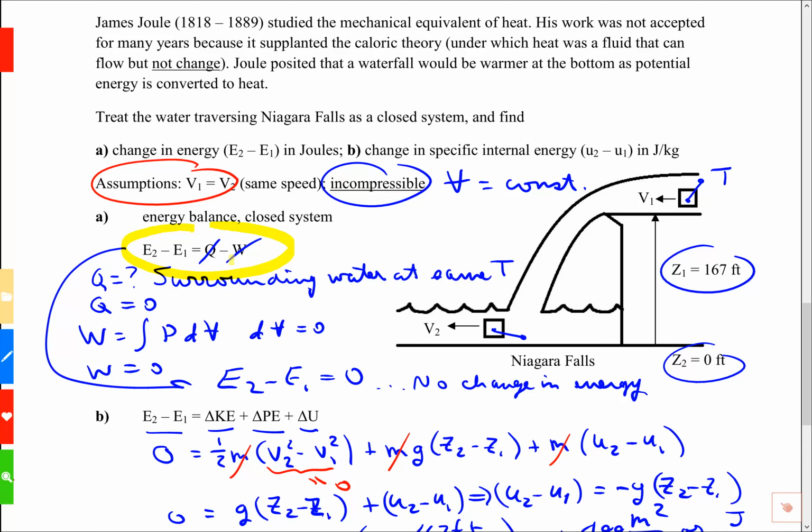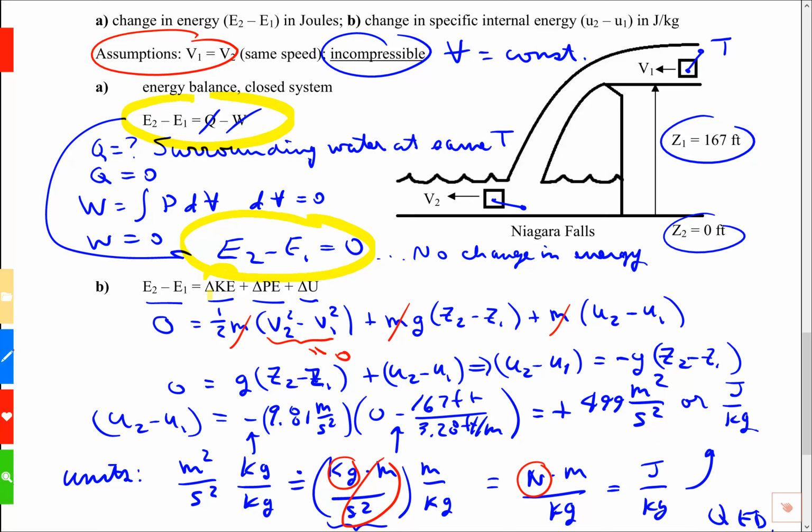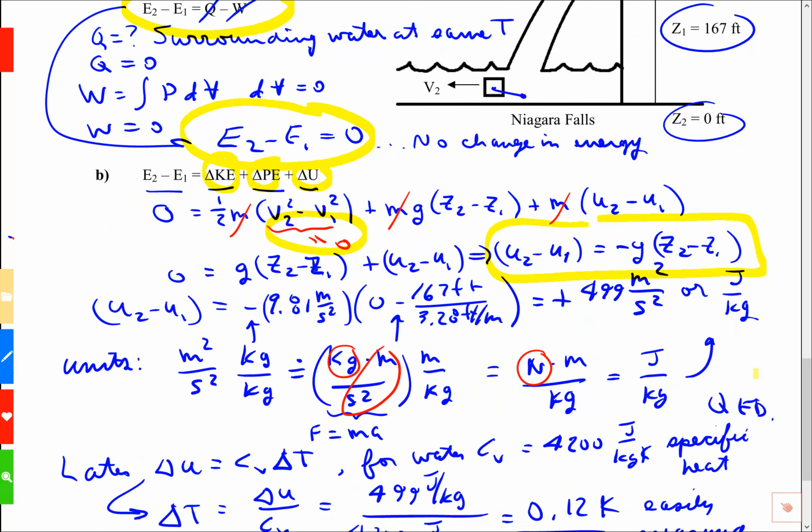We showed that the heat and work for this case was 0, so there is no change in total energy, but that energy could have different forms. We thought about kinetic and potential and internal energy. If we choose the velocities the same, then we just have potential energy turning into internal energy, and internal energy is related to temperature.